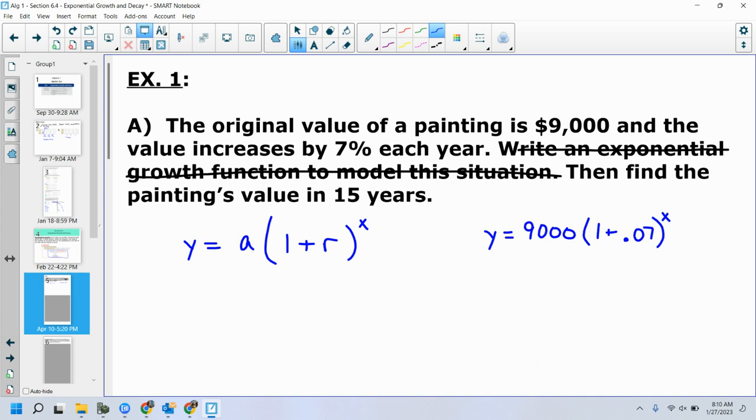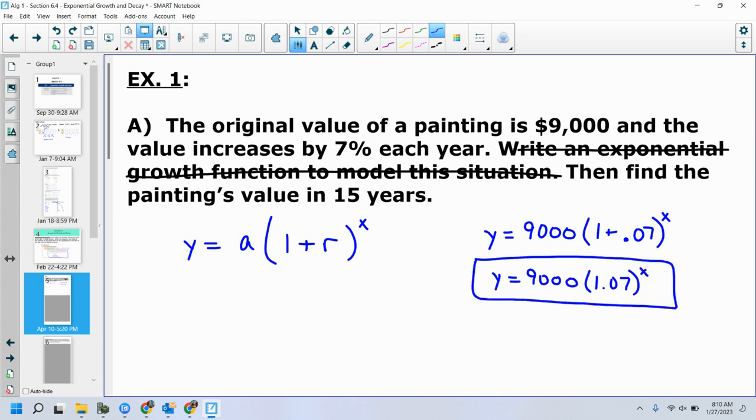And then raised to the X. Yeah. Is the X 15? Yes, but if I say write the equation, like write the exponential growth function, this is the function. Now, I'm only going to do one thing to simplify it down. I'm just going to make that 1 plus 0.07, 1.07. Because that's really what an exponential function looks like, right? Original amount times base to the power.